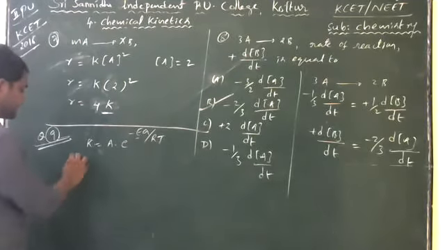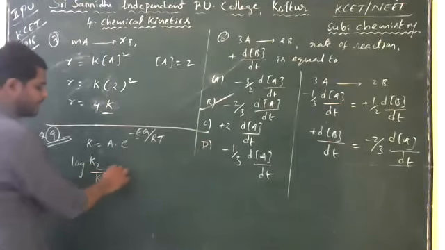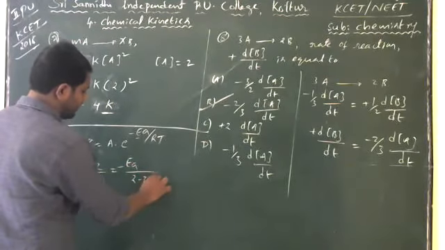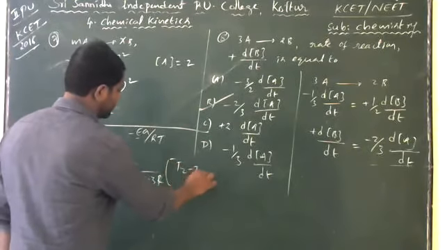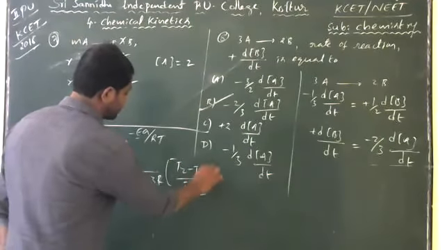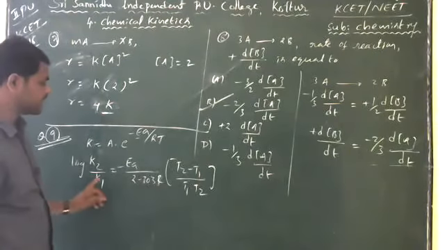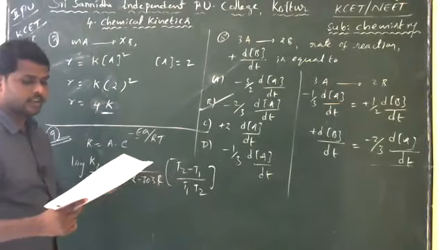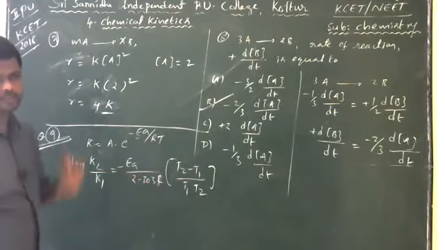Activation energy can also be found by taking log K2 by K1 is equal to minus Ea by 2.303 R into T2 minus T1 divided by T1 into T2, at two different temperatures. By taking the rate constant, it is easy to find the activation energy. So evaluating the rate constant at two different temperatures is the right option.